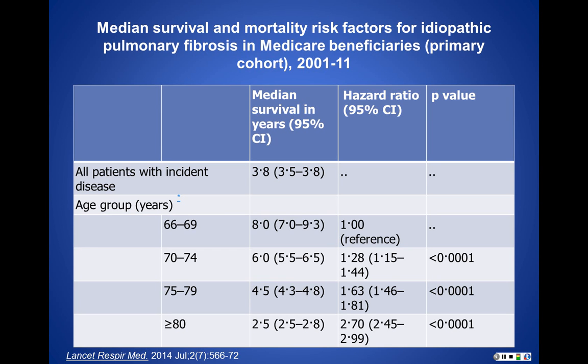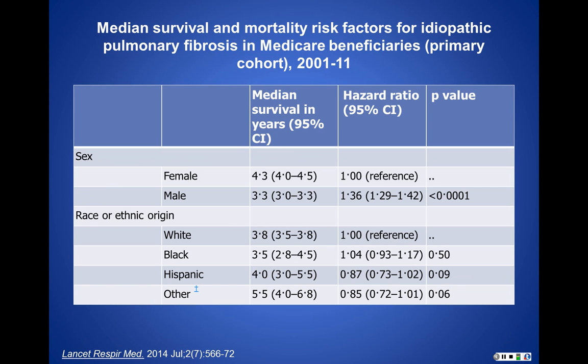They specifically say this is ICD-9. And this is the paper, median survival and mortality risk factors for idiopathic pulmonary fibrosis in Medicare beneficiaries. 70 to 74, 6 years. 75 to 79, 4.5, then 2.5. So I think your approach will change as per the age here.